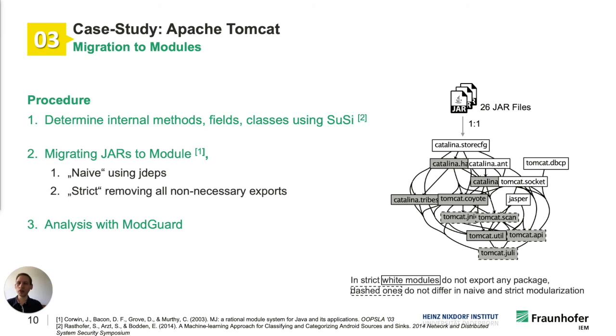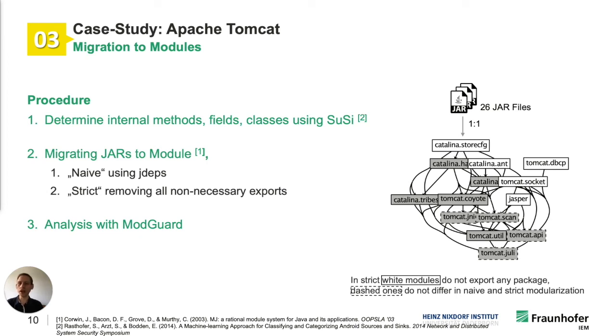First, we used a naive approach using JDeps. As a result, all modules export all their packages, and we used a second, more strict approach in which we removed all non-necessary exports from all modules, and then we analyzed each module using our analysis ModGuard.